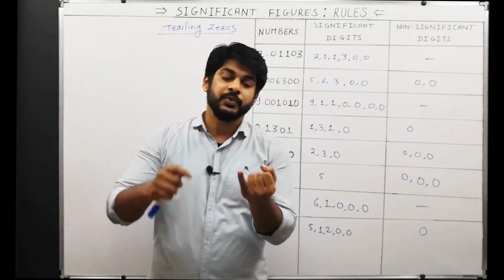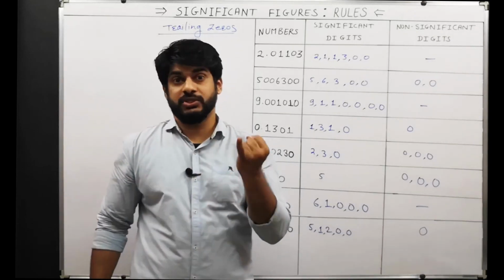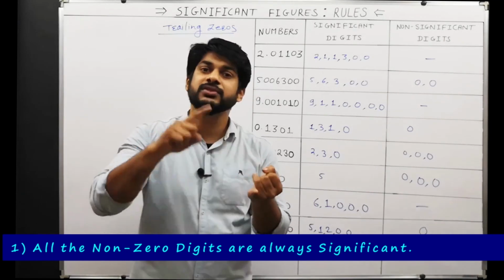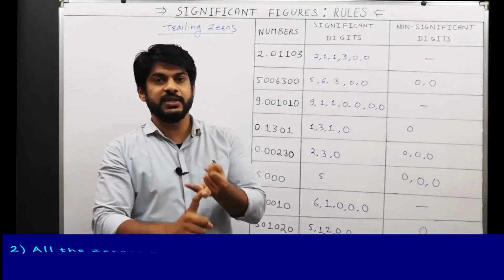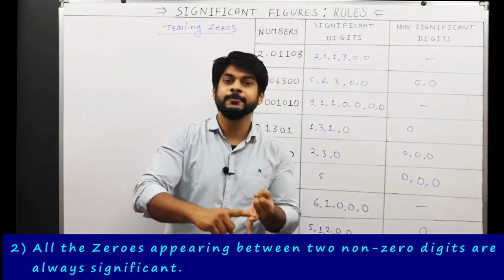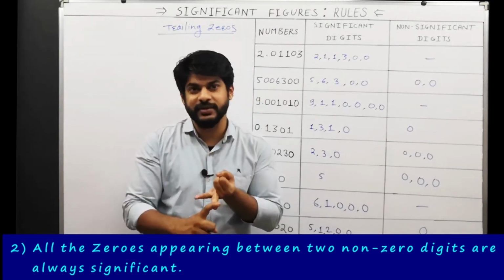The first rule says that all the non-zero digits are always significant. The second rule says that all the zeros between two non-zero digits are always significant.